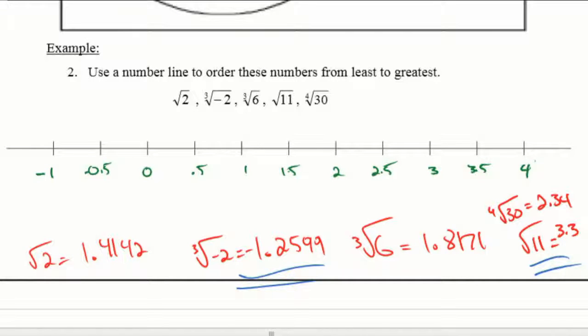Now it's just a matter of figuring out where these things go. So the first one I have is the square root of 2, which is 1.4. So that's going to be just before 1.5. I'm going to put square root of 2 right there on my number line.